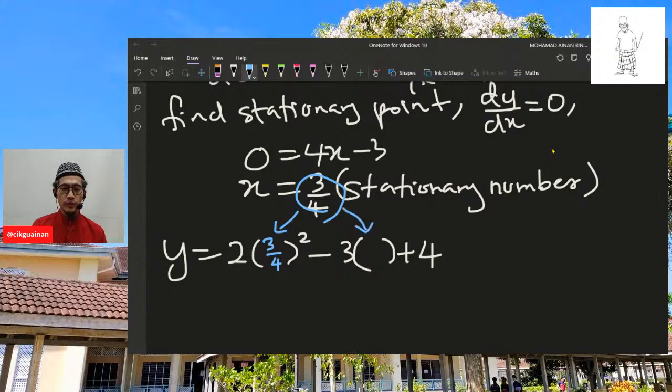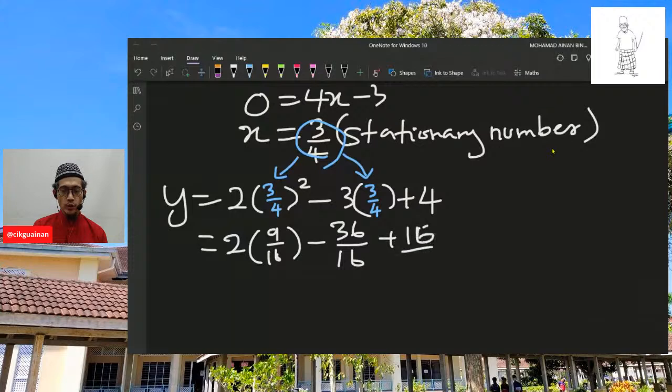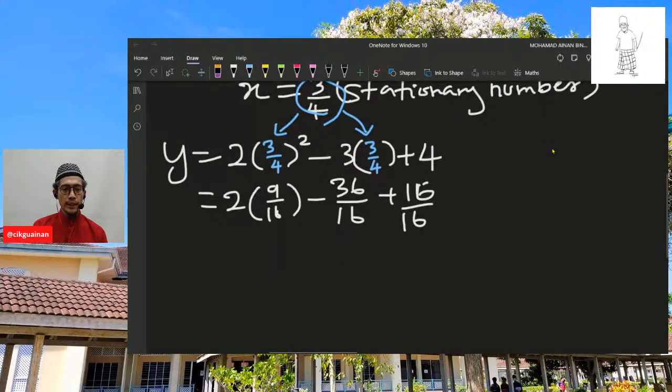Since I don't have a calculator with me now, I just calculate mentally. So 9/16 for the first term; I want to make everything over 16. 9/4 becomes 36/16, and 4 becomes 64/16. Easy for me to calculate.